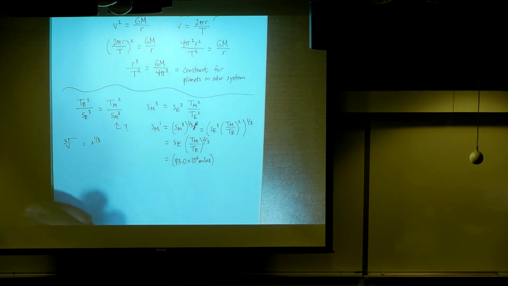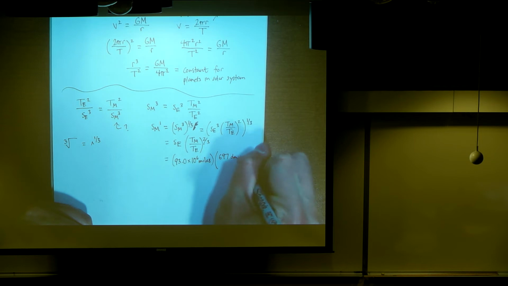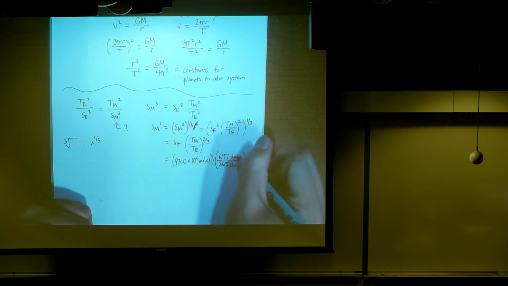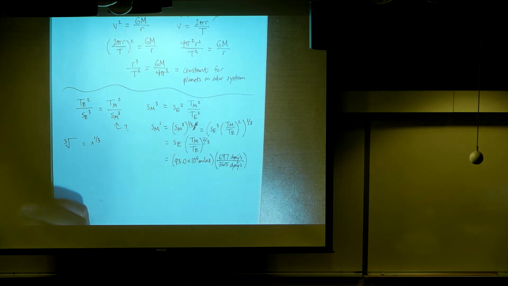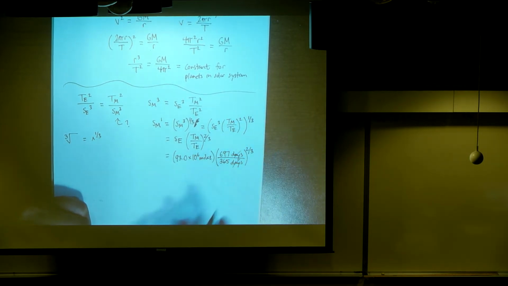For Tm, the period of Mars's orbit, we were given 697 days. For Te, the period of Earth's orbit, that's 365 days. So days cancel. We don't need to worry about that. We're just taking that ratio to the 2/3 power and multiplying by this distance.